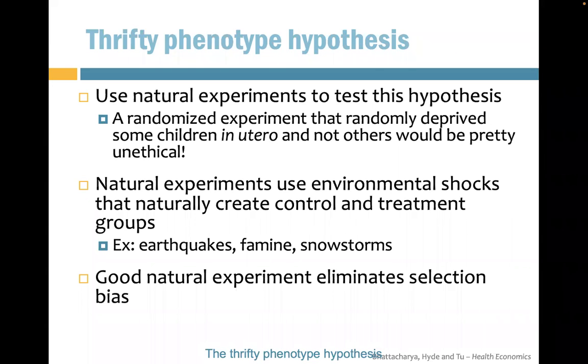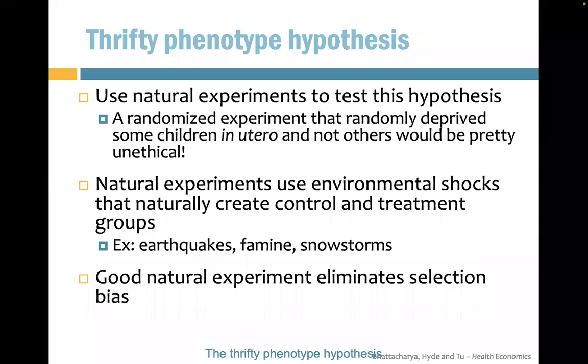A natural experiment occurs without people's will. Sometimes it could be an earthquake or a famine or a snowstorm that is unexpected, so that people just unexpectedly experience an environment of deprivation. We want to look at these babies versus babies at the same period of time who did not experience this deprivation. So good natural experiments can eliminate selection bias.